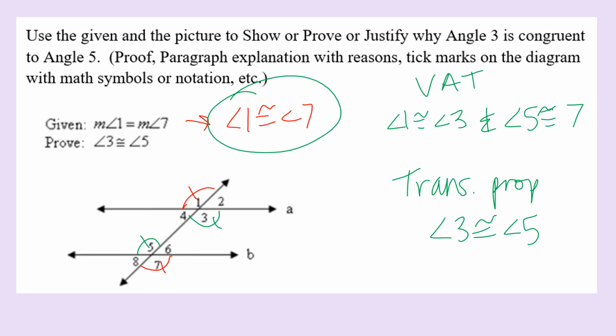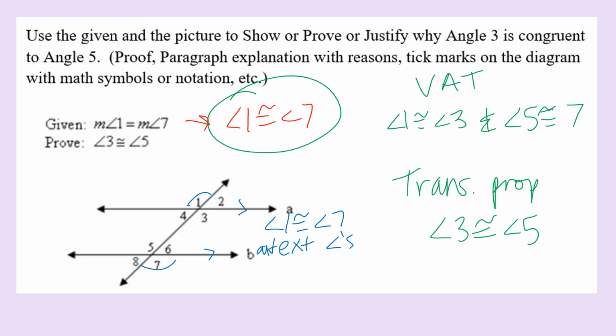That is one approach. Another approach, I'm going to erase this and do it in a different color here. Another approach would be that angle 1 and angle 7 are congruent, which means that they are alternate exterior angles, which means that A and B are parallel.